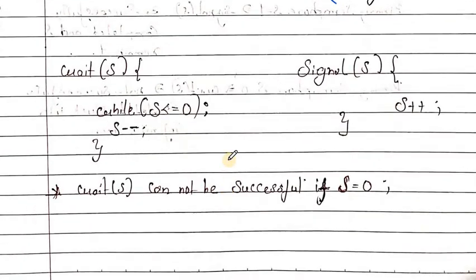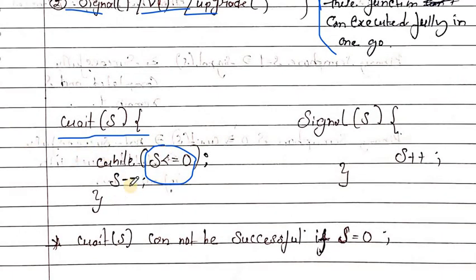Now, how are the wait and signal codes written? In wait, while s is less than or equal to 0, it is stuck in the while loop.